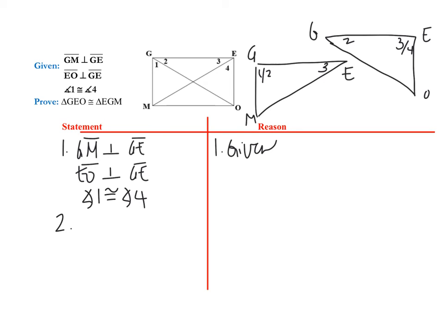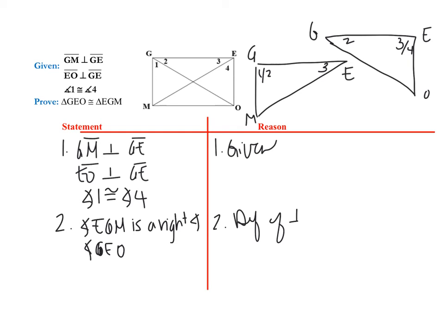So if GM is perpendicular to GE, then we know that angle EGM is a right angle. And we also know that if EO is perpendicular to GE, then angle GEO is also a right angle. And the reason being is definition of perpendicular.